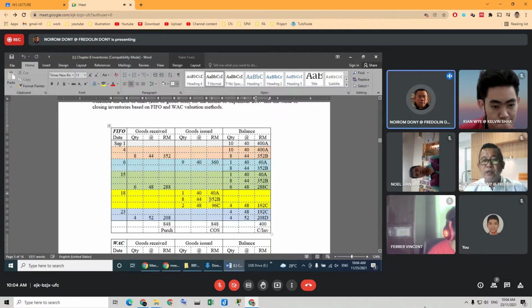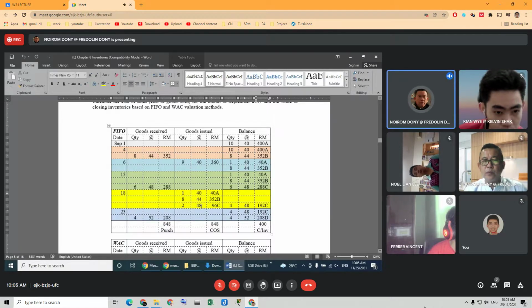Then still not enough. So far you have supplied 9 only, so you still need 2. How do you get 2? The total sales is 11. 11 minus 9, so left over is 2. So the 2, you get from the last batch with the cost price 48.